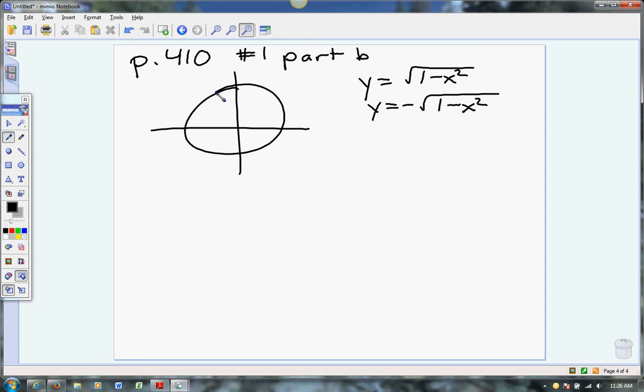Part B, the cross sections are squares with bases in the xy plane. Now, if you notice the instructions, they just said find a formula for the area of the cross section. So we're not even going to finish this problem right now. We're just going to find the first part of that slice.